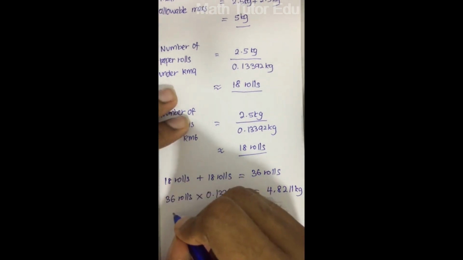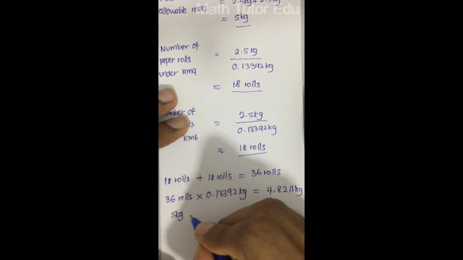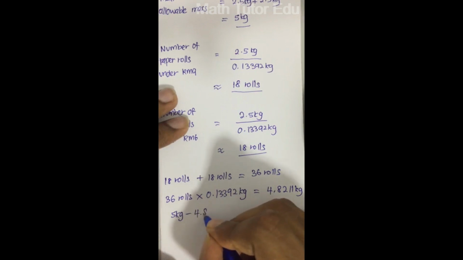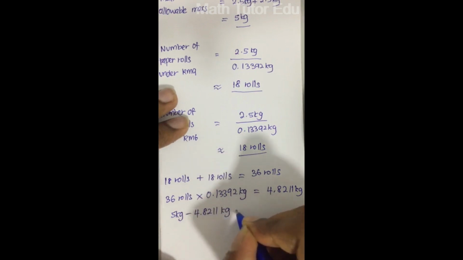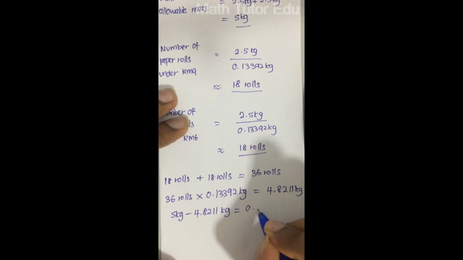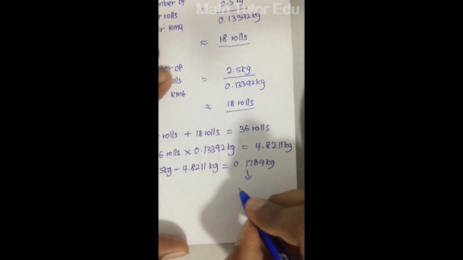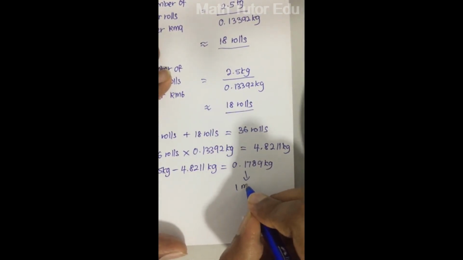So 5 kg minus 4.8211 kg is equals to 0.1789 kg. This means that we can add one more roll.